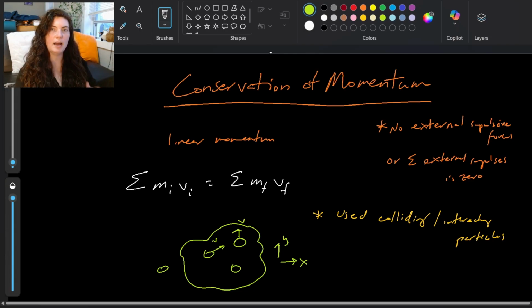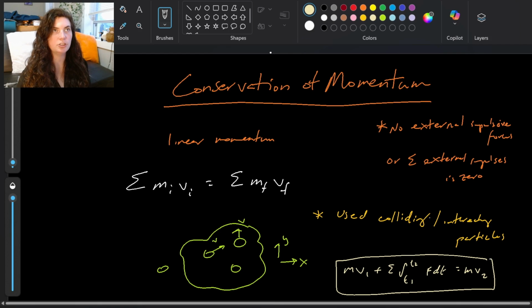Once we establish all of those initial and final velocities, we can apply either conservation of momentum or the principle of impulse and momentum, which was our mass times initial velocity plus the sum of all the impulses, the integral of F dt, gives you the final linear momentum. So we can use this equation as well in addition to conservation of momentum.